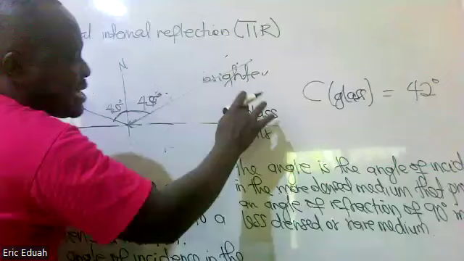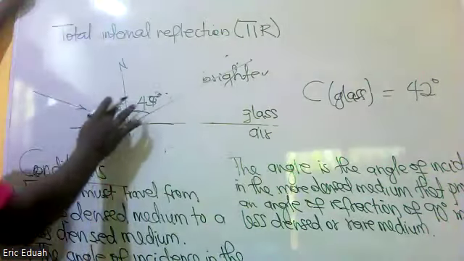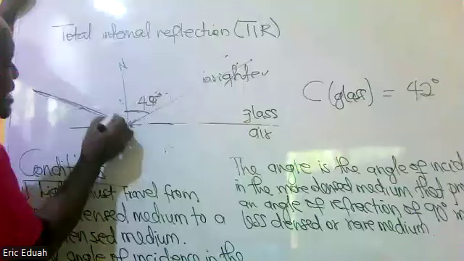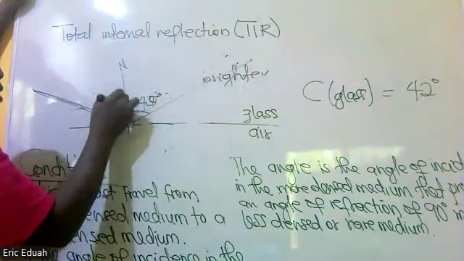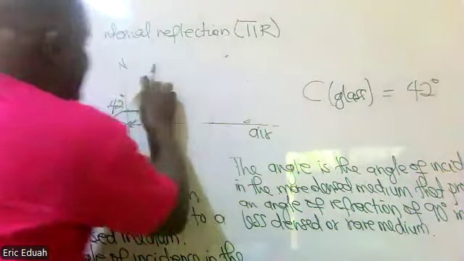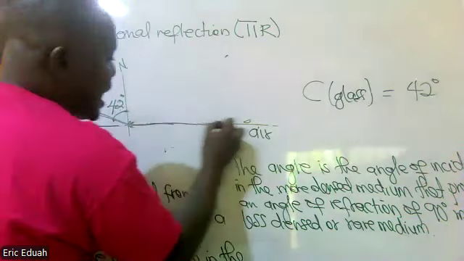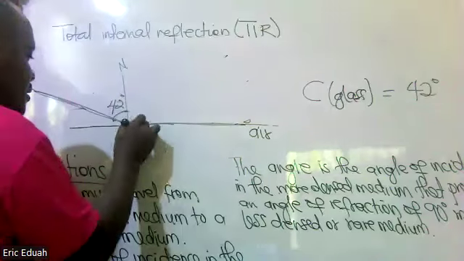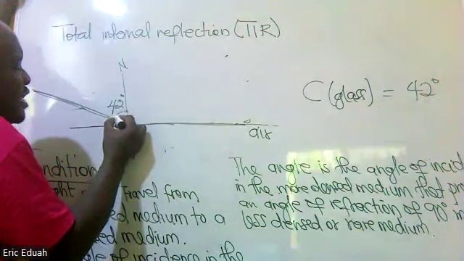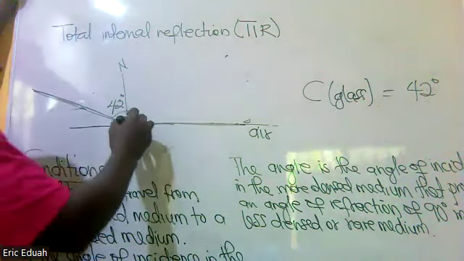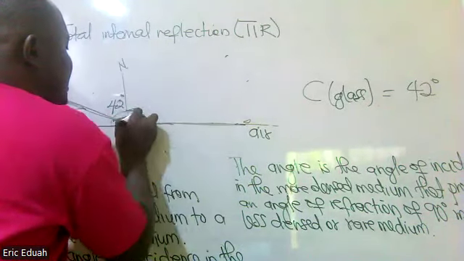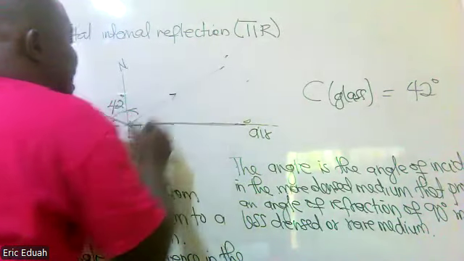Meaning that if this is glass and air and the ray is incident at an angle of 42 degrees, you have the refracted ray just lying on the boundary between glass and air, 90. But the moment you go beyond 42 degrees, that is when you will experience total internal reflection. All the incident ray will be reflected.